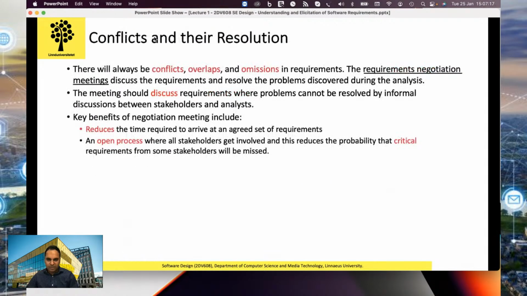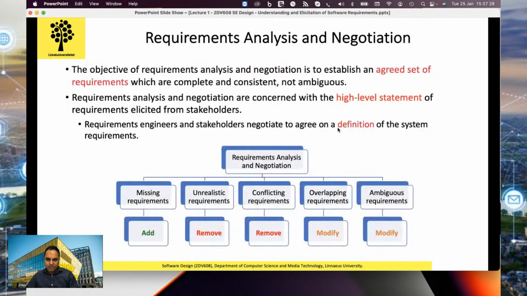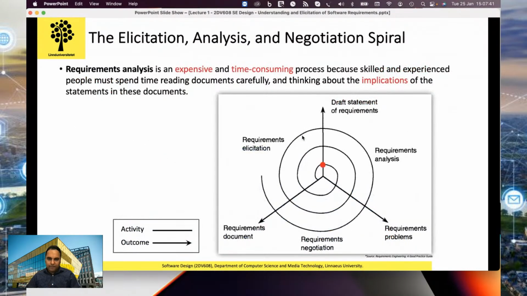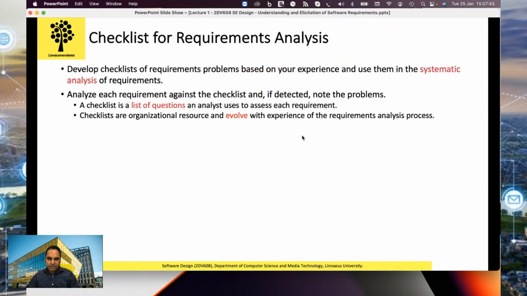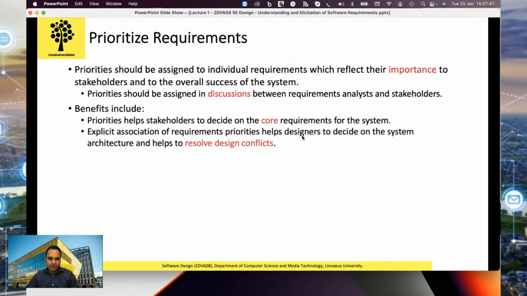If you remember this spiral view process, we are here now in the prioritization. So we resolved our conflicts. Now we are prioritizing our requirements.